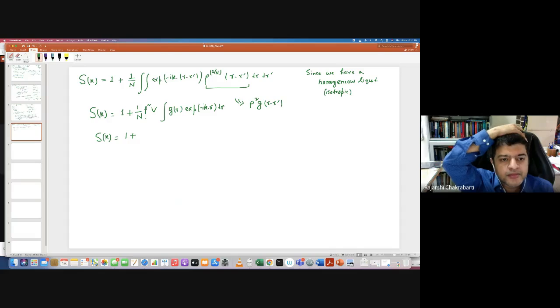N will cancel. N by v. Yes, you're right. So this is going to be rho, isn't it? N square will become n, and this will become v. So n by v, so it is rho.